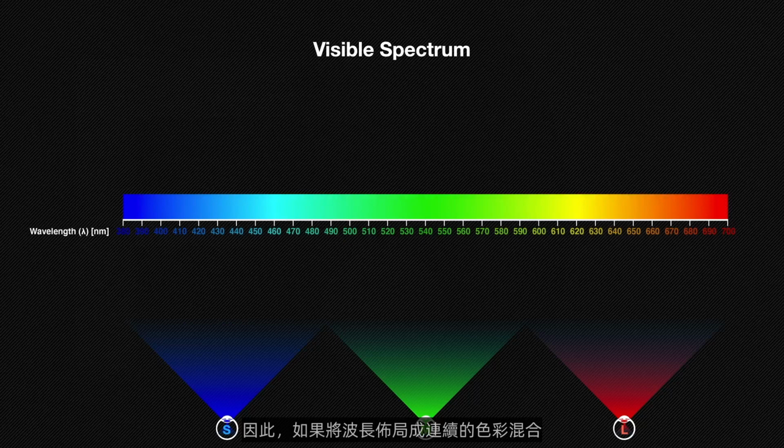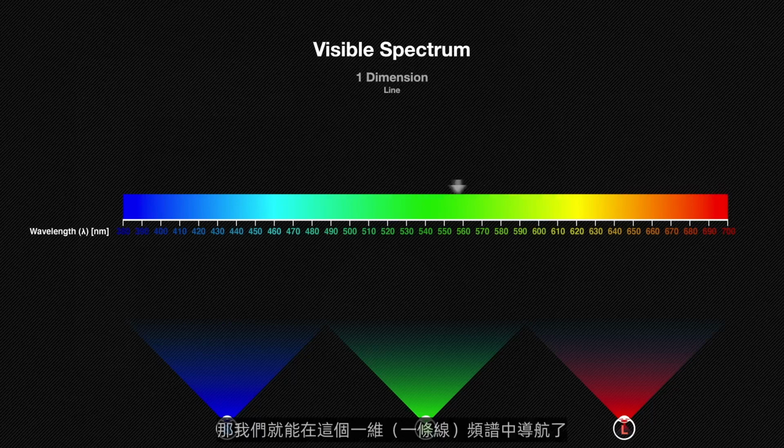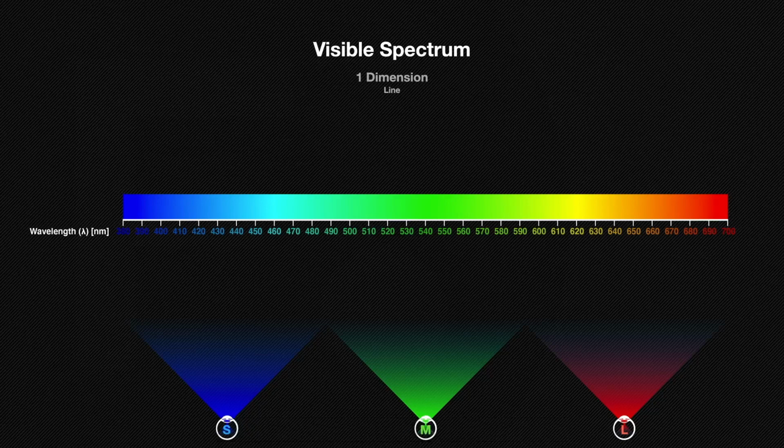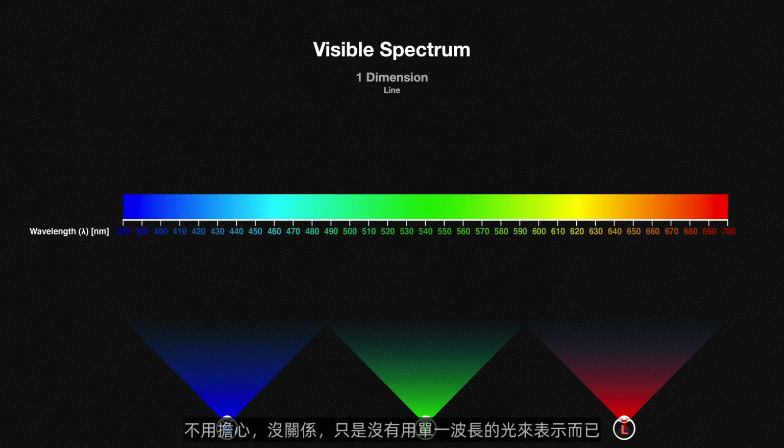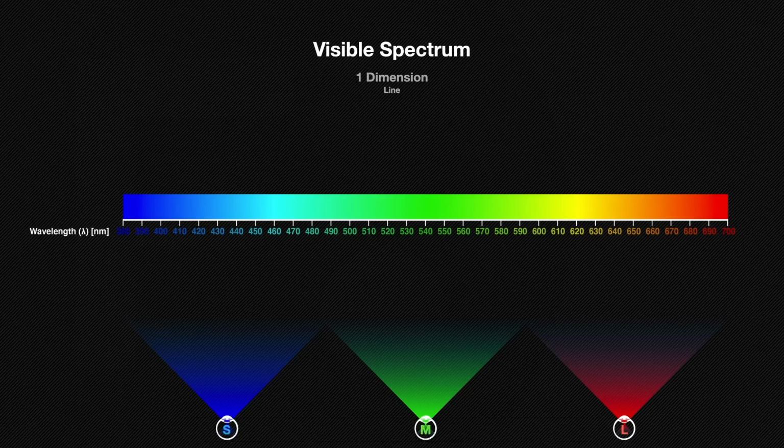So if we lay out the wavelengths as a continuous mix of colors, we have the ability to navigate through this spectrum in one dimension, one line, even though we are missing a group of colors here. Where are my purples? Did you notice those were missing? No worries, it's fine. They are just not represented by a single wavelength of light.